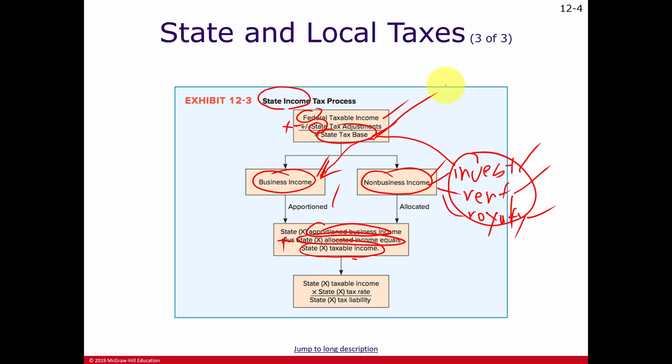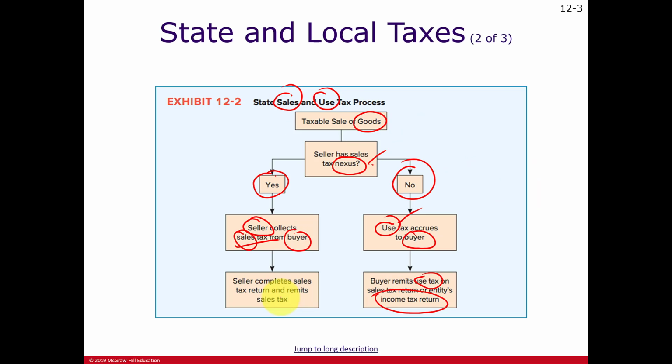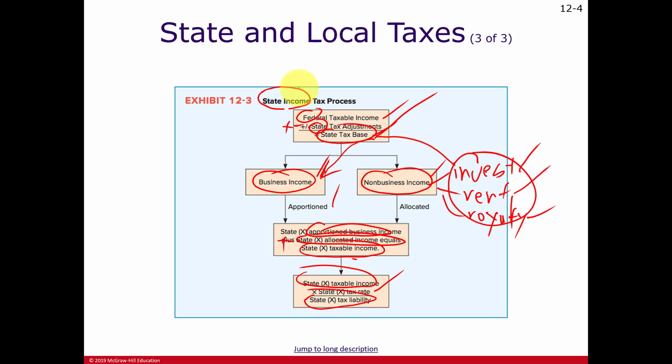Then whatever your state taxable income is, we multiply it by the state rates. It could be graduated rates or just a flat rate to get the state tax for the year. Okay, so you can see it's a little bit more complicated than the sales tax that we saw in this previous slide. But again, that's the two main taxes: sales taxes, or so-called use tax, and then the state net income tax.